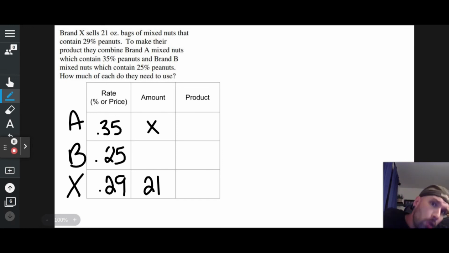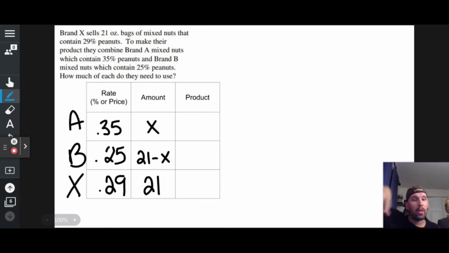What I do know is the whole thing's supposed to be 21 ounces. And I already added X, which means the rest is going to be 21 minus X. So if X was 10 ounces, how much do I have to add of this stuff? You would say, well, 21 minus 10 is 11.